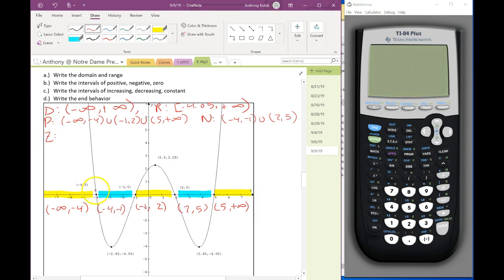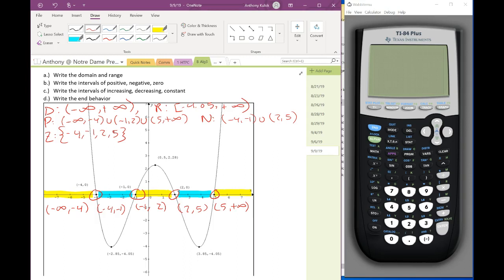And my zeros, there are exactly 4 zeros, so I can list those just as a finite set. I don't have to use interval notation there. Is everybody okay with what I did there?